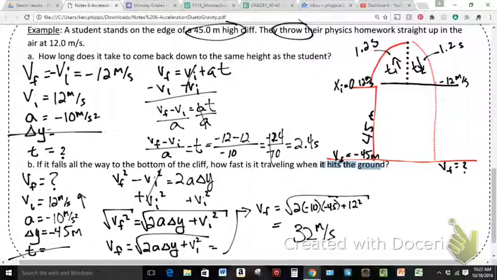While you think about this, is this going to be a positive or a negative velocity? All right. When you do a square root it will always give you a positive or a negative answer. It is up to you to choose what it's going to be. In this case, I'm going to choose negative 32 meters per second because the direction at that instant is down. And that is your third example problem.